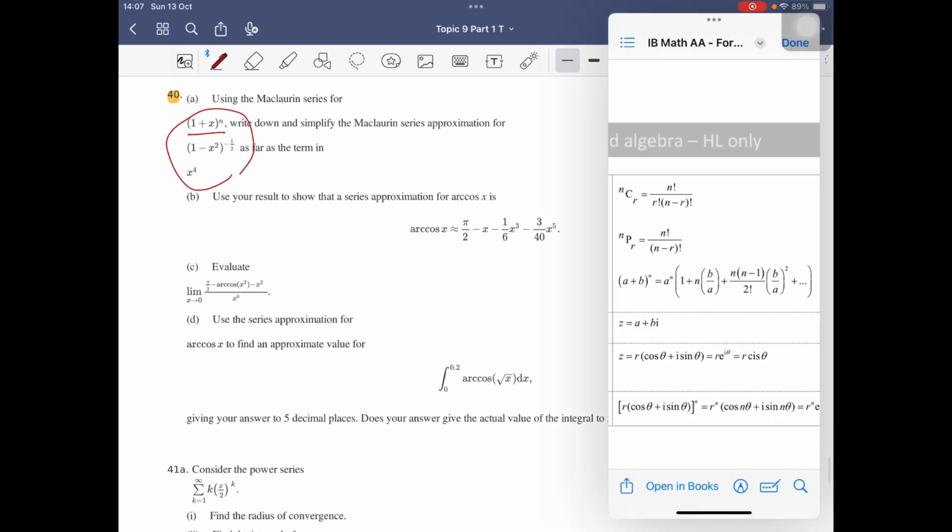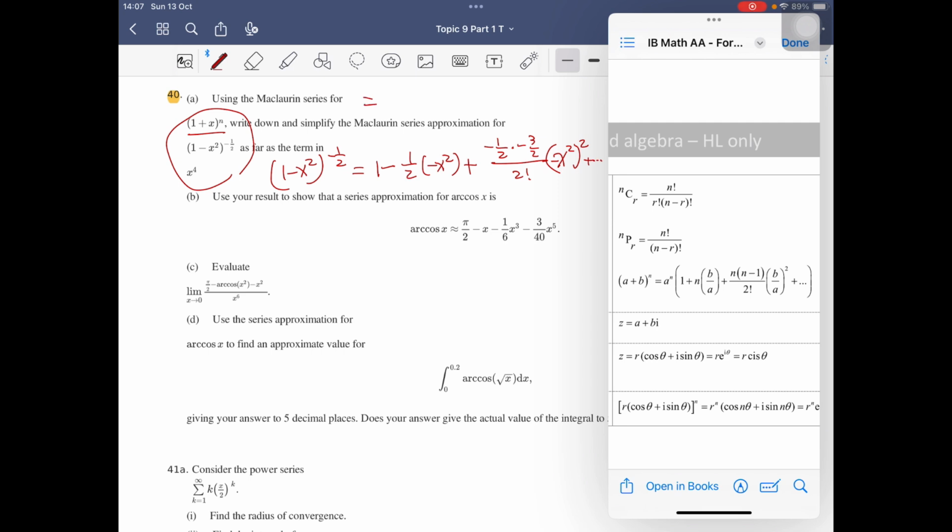Let's do that. So here, 1 minus x squared to the power of negative 1 over 2: 1 to the power of negative 1 over 2 is 1, so I will not write it down. 1 minus 1 over 2 times negative x squared, plus negative 1 over 2 times negative 3 over 2 over 2 factorial times negative x squared, and so on.